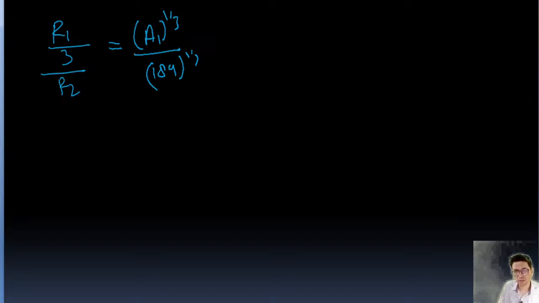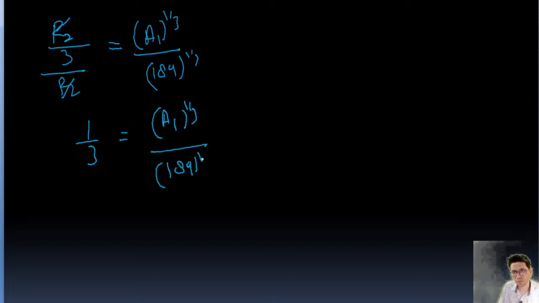This is R2, so R2 will get cancelled. So 1/3 is going to be equal to A1 to the power 1/3 upon 189 to the power 1/3. From here we can get the A1 value.